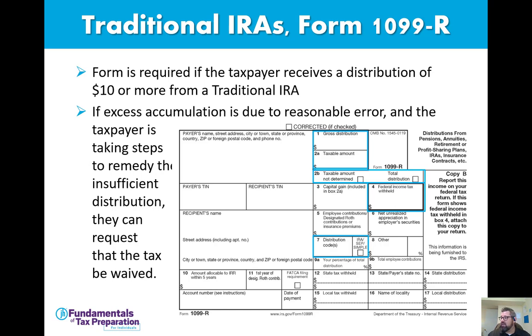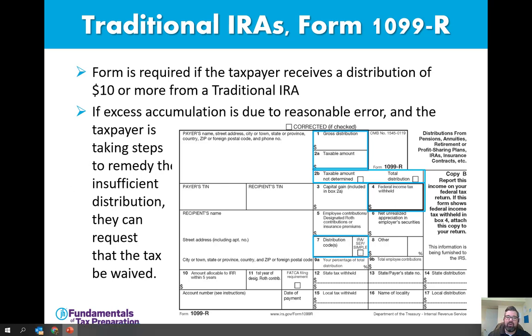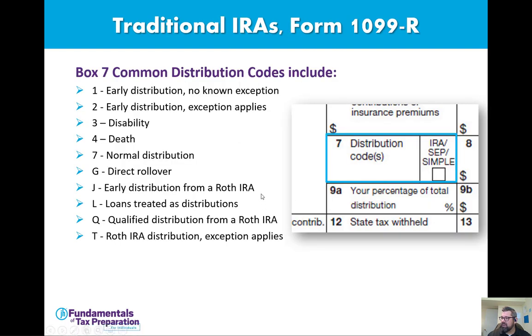IRA, SEP, and Simple box, checked or unchecked. You just transfer that information to Profiler, and it is handled without you having to worry about it. Here are the distribution codes. Okay, it's not terribly necessary for you to memorize these.